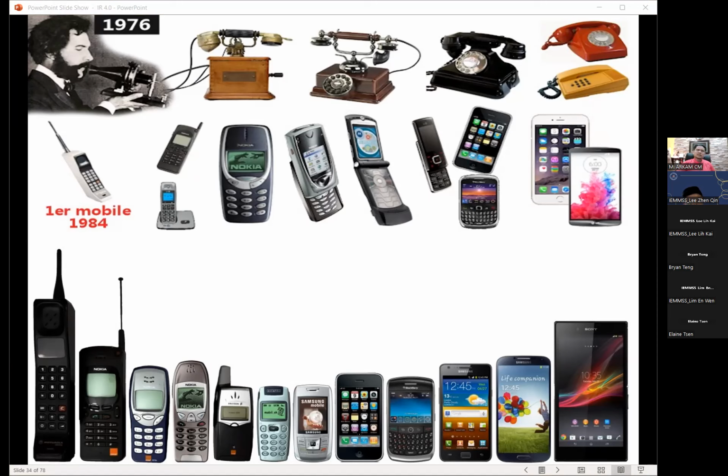And when things moved more to mobile phones, that is where the integration of IR 4.0 came towards the application of phones, where everything needs to be in your phone now, because the phone represents you. Whatever you have in your phone is your identity. Your virtual version of yourself is in your phone.